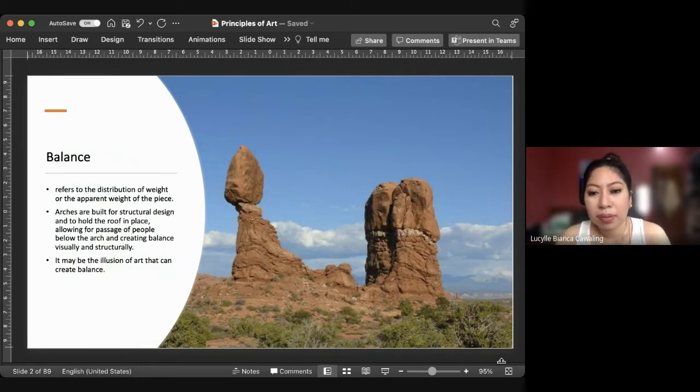So in this picture, for example, one is thin and one is thick. So it looks out of balance, but it doesn't mean it doesn't have balance. It has balance, but it is called asymmetrical balance. So the balance here is the illusion of art that creates the said balance.